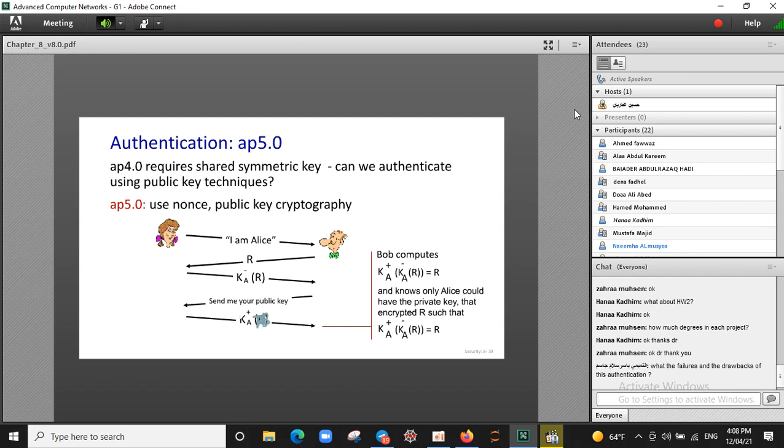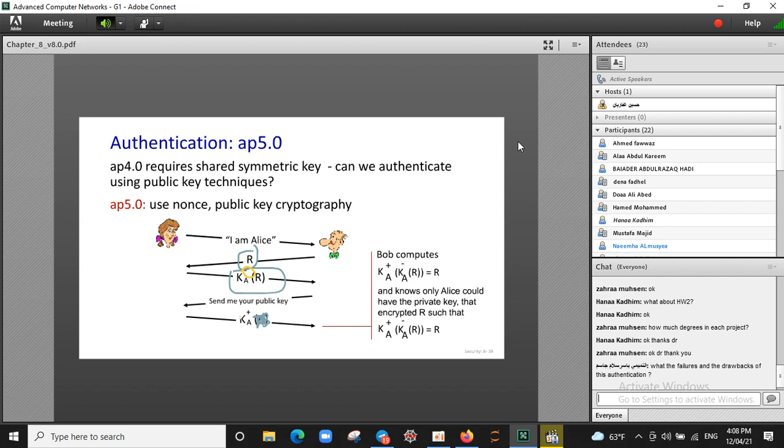Look at this one. Alice receives this message, message R. Then she sends an encrypted form of message R, encrypted with her private key.